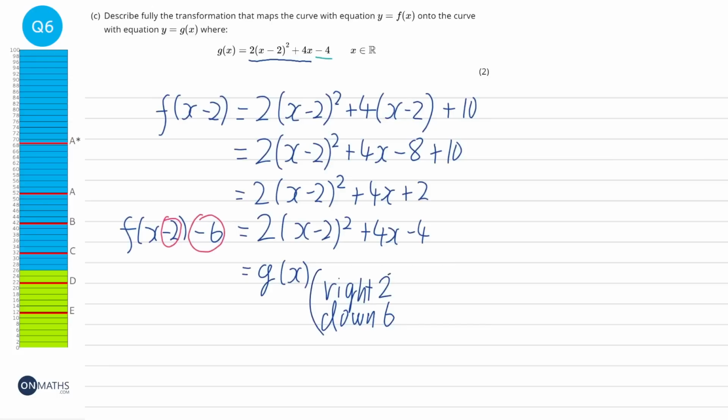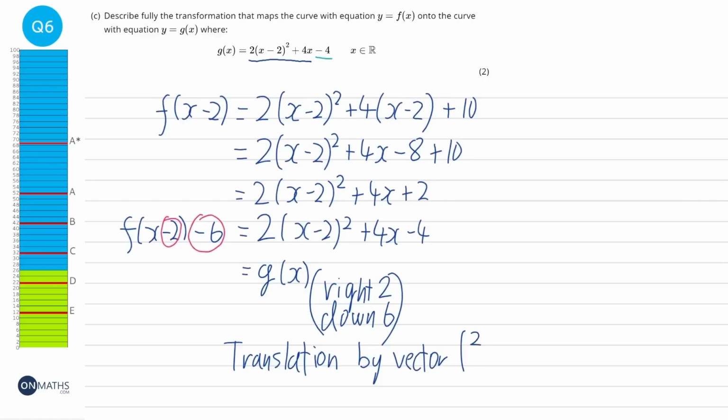And you might notice that this looks very similar to a transformation which you will have done very early on in transformations, and that is translation. So it is a translation, a movement, and we can show it as a vector. Now with vectors, the right goes on top, so it'd be positive 2, and the up goes at the bottom.